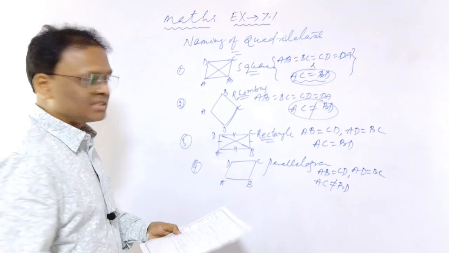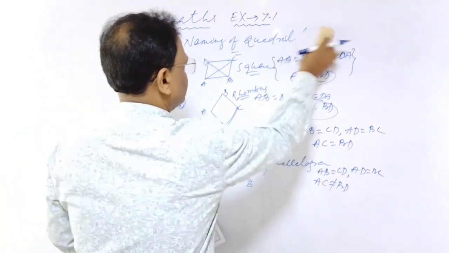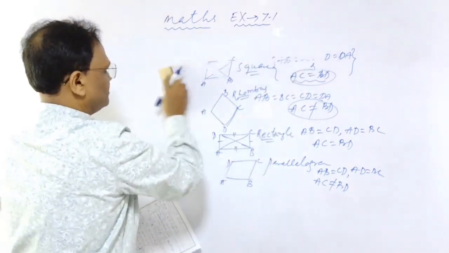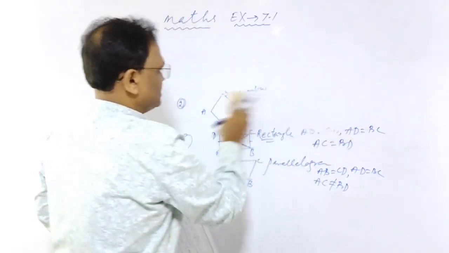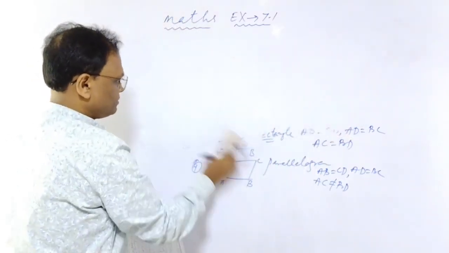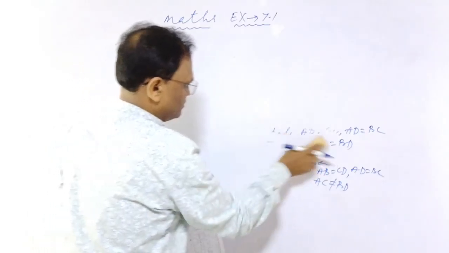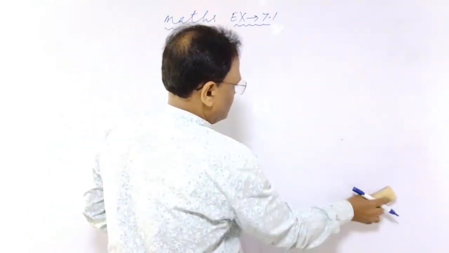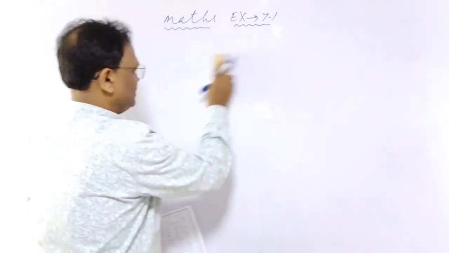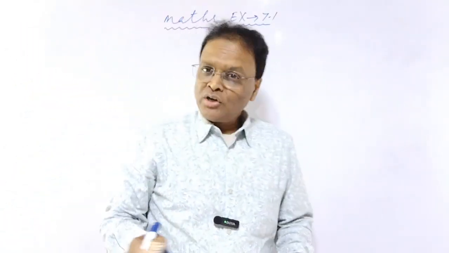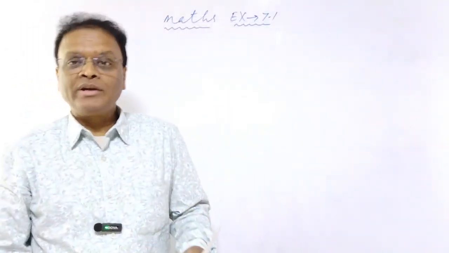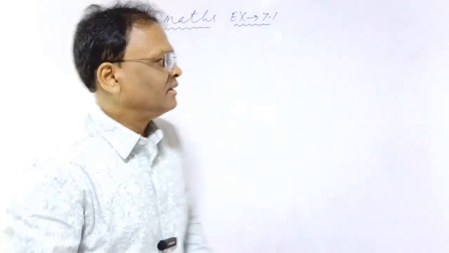Now the question number 7, which is very important. What is it telling? Find a point on the x-axis which is equidistant from two given points.